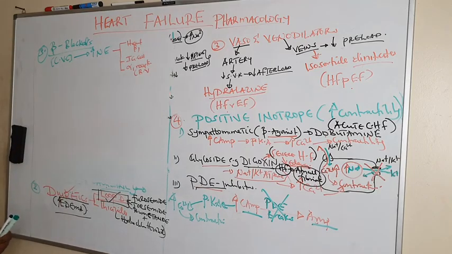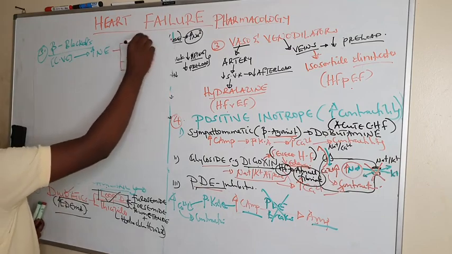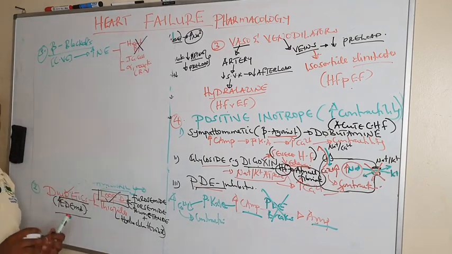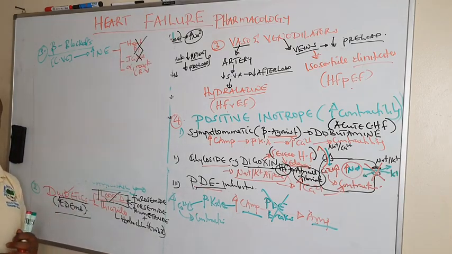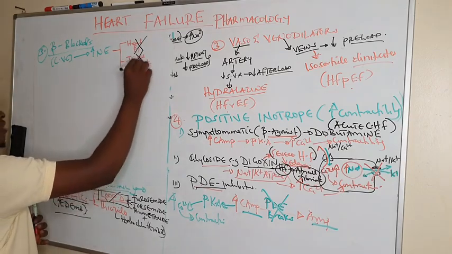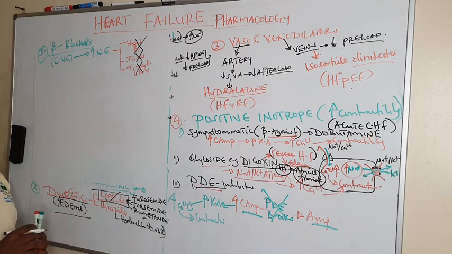So if I use a beta blocker, these beta blockers come and block the receptors within the heart, that is both the SA node and the myocardium. They block the beta-1 receptors in the kidney, then they block also alpha-1 receptors in the blood vessels.